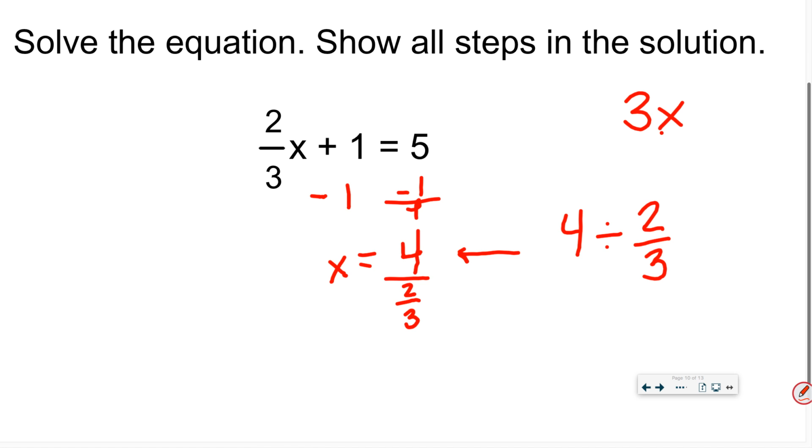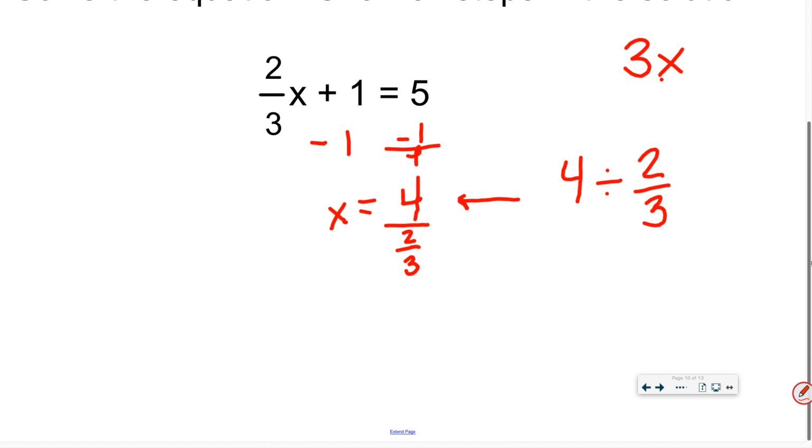So for those of you that say multiply, you're in luck because dividing fractions is a form of multiplication. 4 divided by 2/3 is the same as 4 times 3/2. So you just took that division problem and turned it into multiplication. Now if I calculate this, what do I get? 12 over 2, which simplifies to 6.